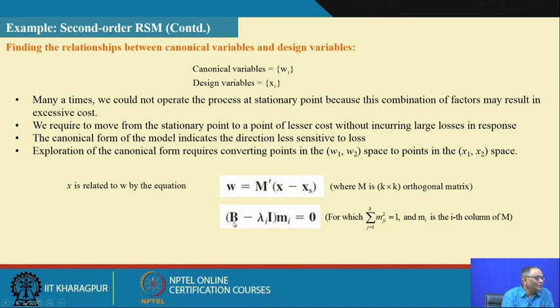Now, you already know the lambda values. Put one lambda and find out the M value, put another lambda, find out the M value, and once you know this M, that means M transpose is known. Now, using these equations you will get the relations between x and omega.